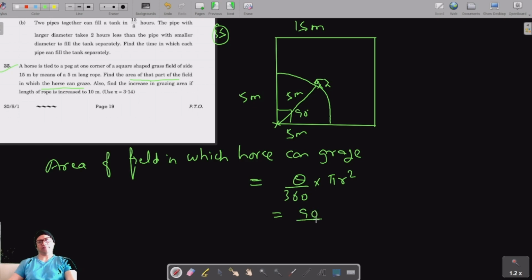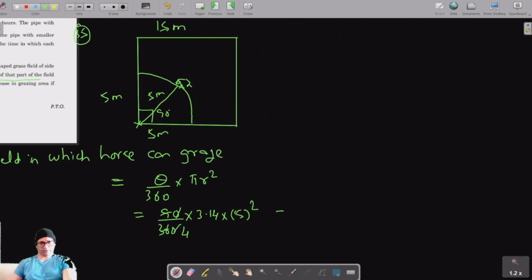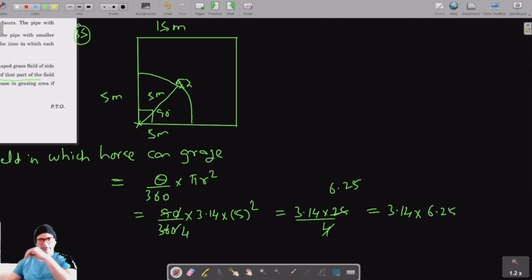So theta is 90 by 360 into pi is 3.14 into 5 square. So this is 1 by 4, and this is now 3.14 into 25 by 4, and this is 6.25. So 3.14 into 6.25 will give us the value.